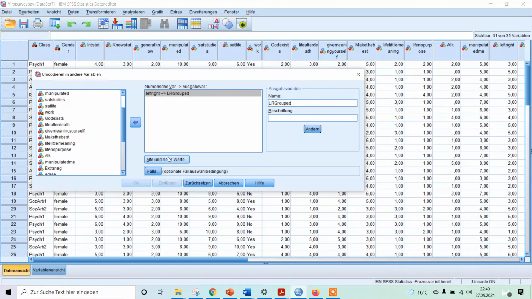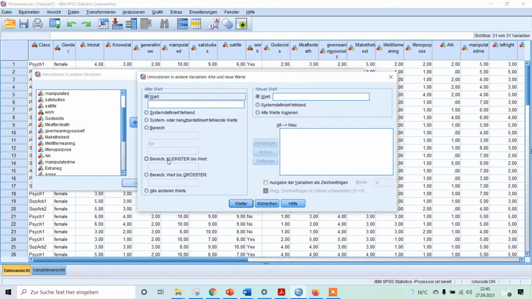Now we have to click on Old and New Values again, and here we have to explain how we want to change it. We can, for example, use this option: the smallest value, which on a scale from 1 to 10 is a 1, up to the value of 4, and that should be our new value 1 for left.